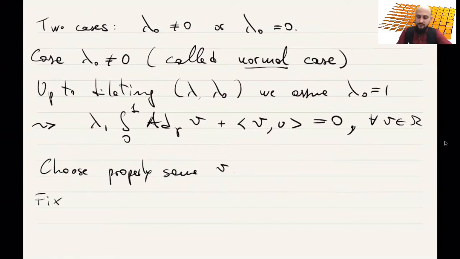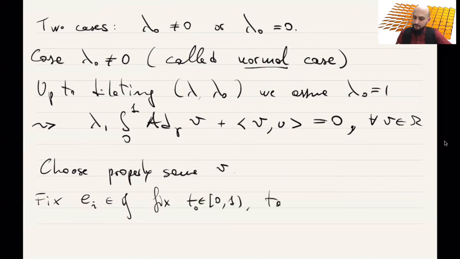a vector, let's fix one of those initial vectors ej in G, and also I fix a time t0 in 0, 1.